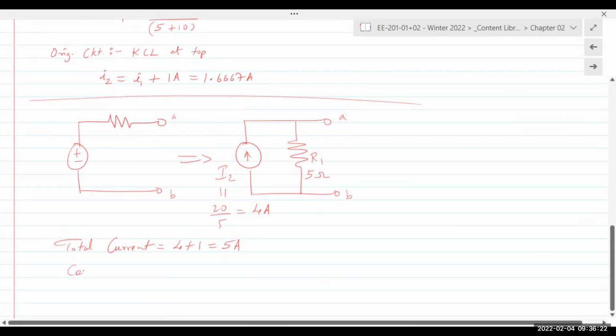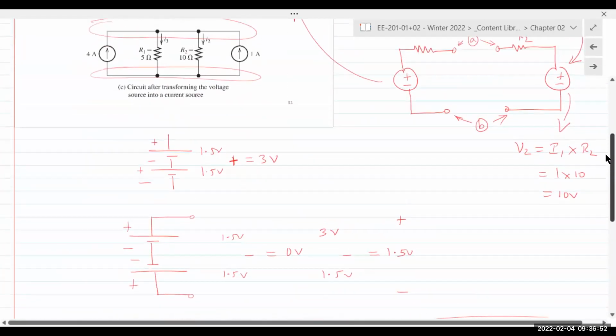Apply current division. We can write I2 is equal to 5 times REQ over R2. REQ should be 50 divided by 15, and R2 is 10.